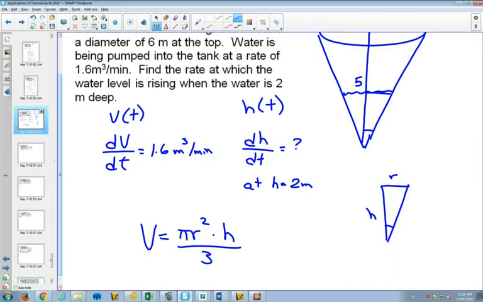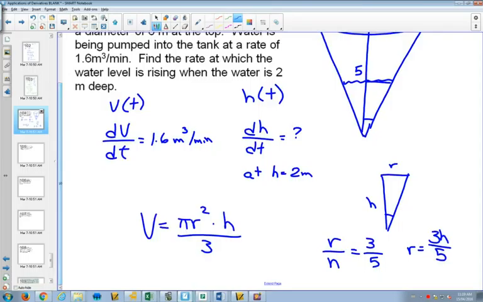So that means the ratio of the radius to the height, well, if we look at our complete triangle at the top, the radius is 3 and the height is 5. That ratio has to stay. As far as getting r all by itself, we find out that our radius is always 3/5 height. So now we can plug that back in to our formula.